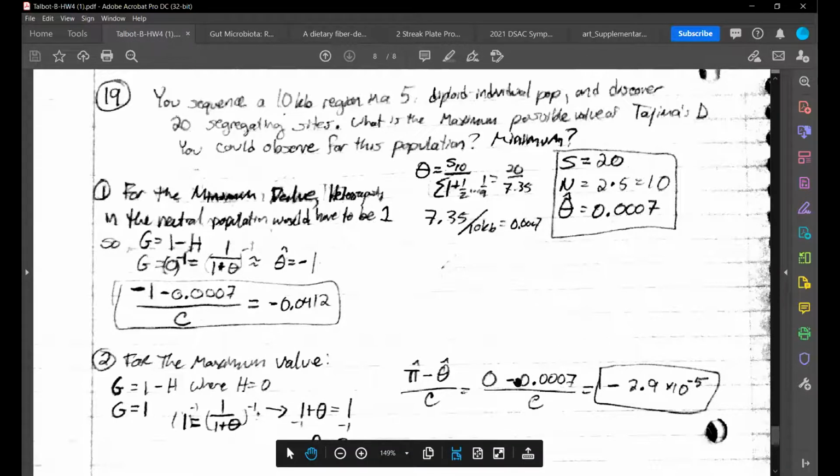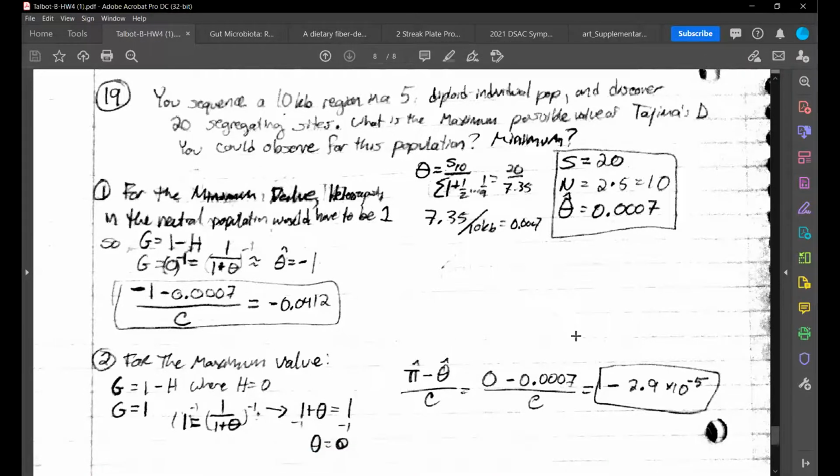So the minimum heterozygosity at any site is probably P equals 1 over 10 at these 20 sites, and the minimum at all the rest is 0.